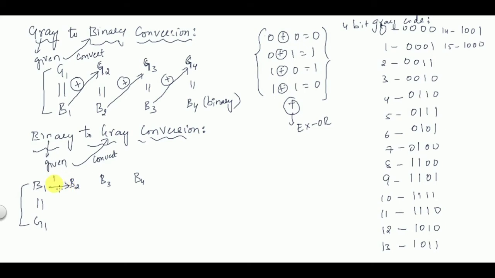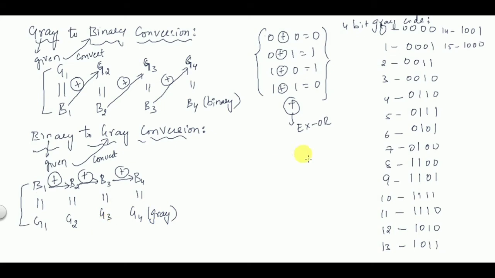Next, G2 is obtained by the XOR operation of B1 and B2. The next XOR operation gives G3, and the next two XORed give G4. So this is your gray code.